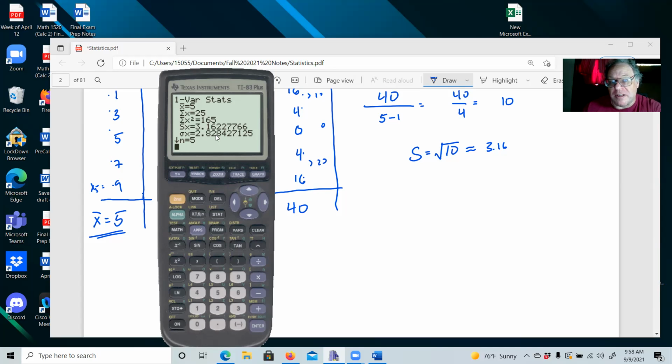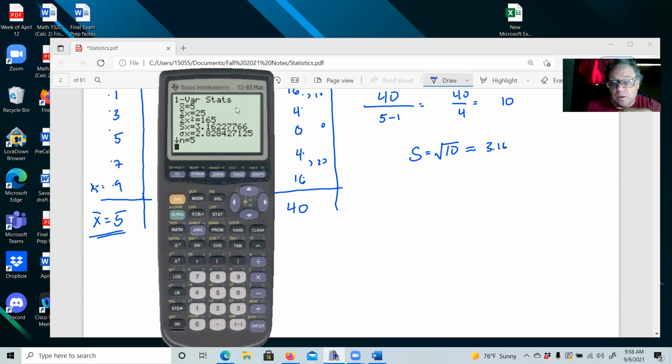Now we can go down, okay, and they give us some different stuff here. We'll get into what these are for in a little bit. But for today, all you really care about is Sx for sample standard deviation, sigma x for population standard deviation.